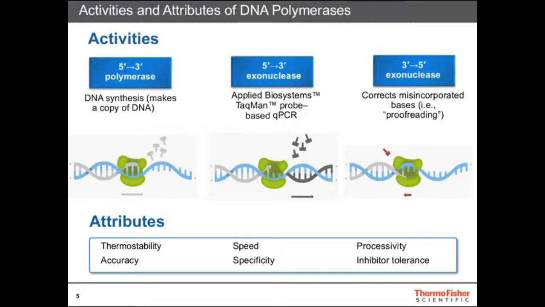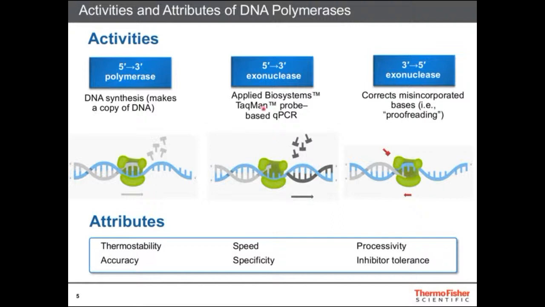The second characteristic is a 5' to 3' exonuclease activity. What this does is, as the DNA polymerase is moving along the template, if it encounters anything that may also be bound to the template, it will actually hydrolyze that and release it so that it can continue its synthesis strand.